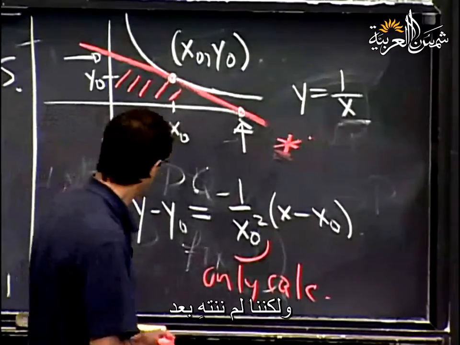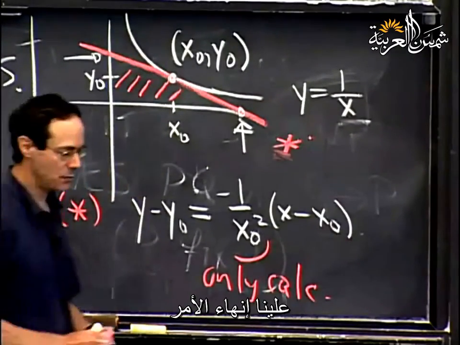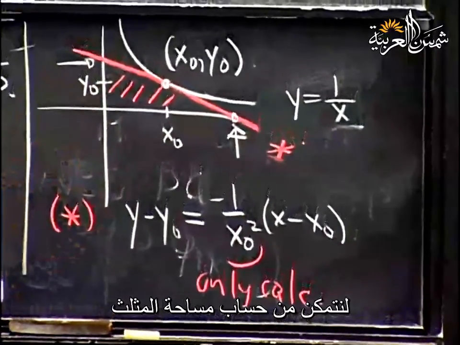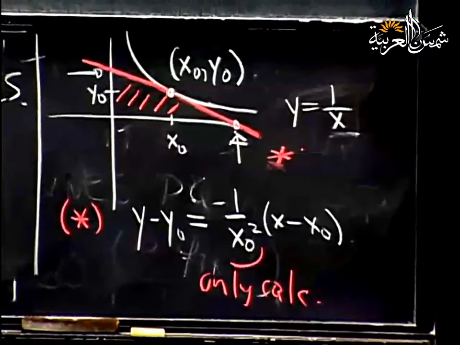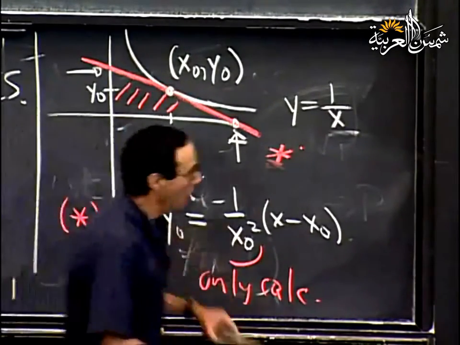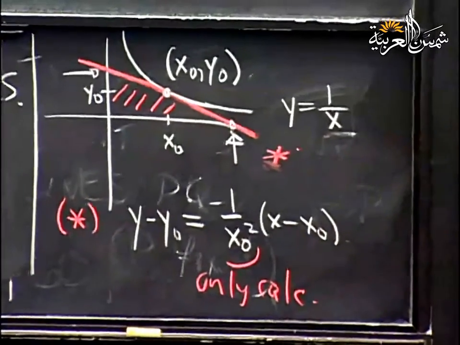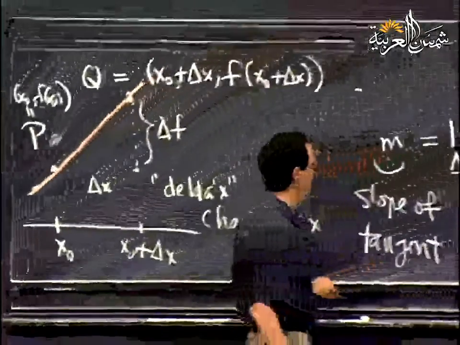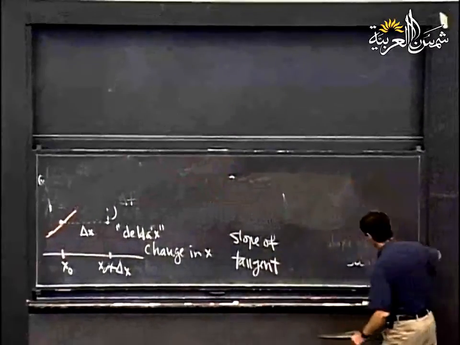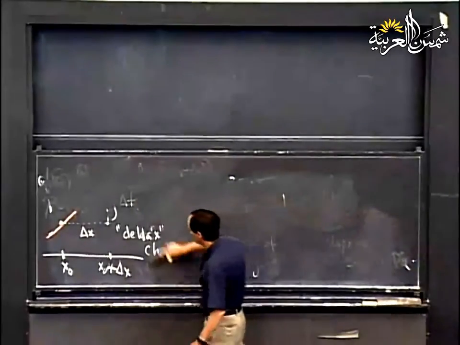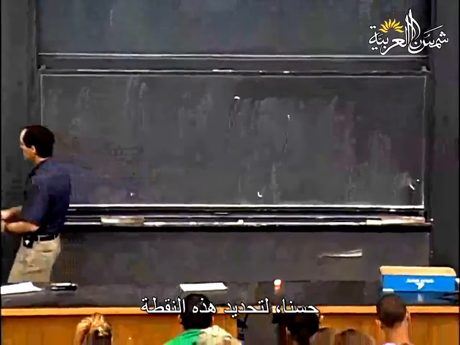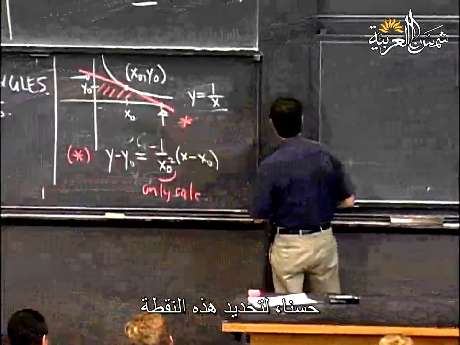But now, we're not done. We have to finish it. We have to figure out all the rest of these quantities so we can figure out the area. All right. So how do we do that? Well, to find this point, this has a name.